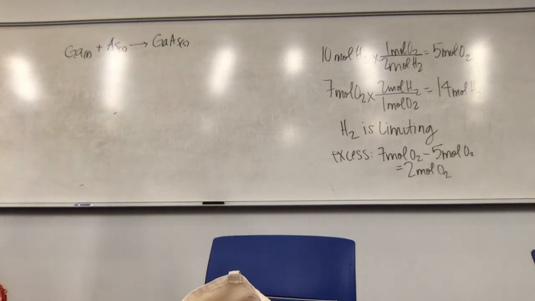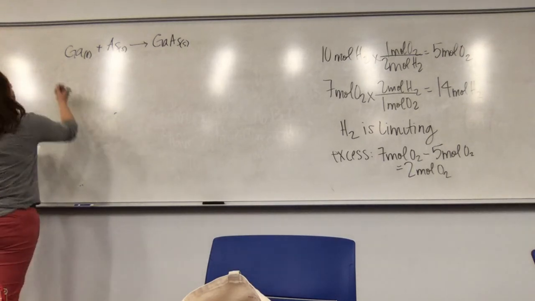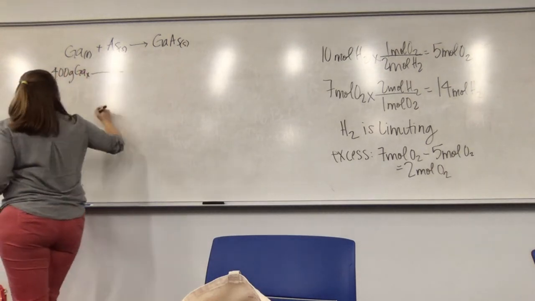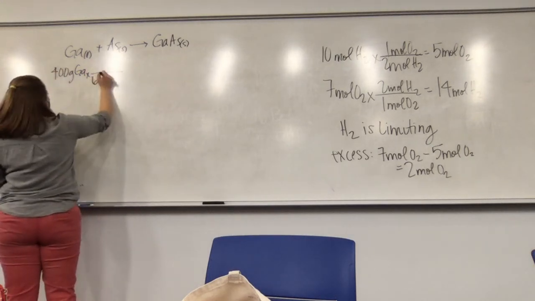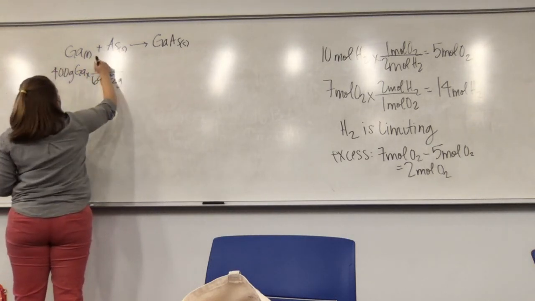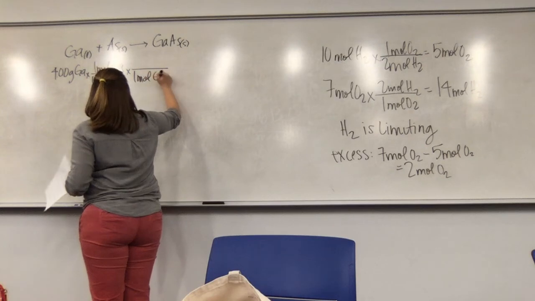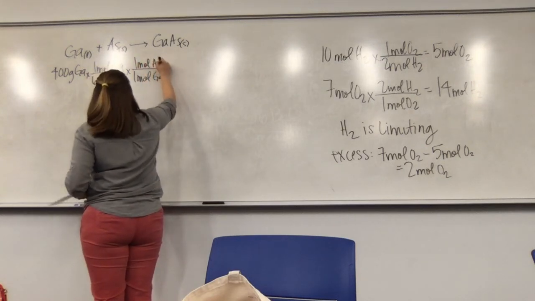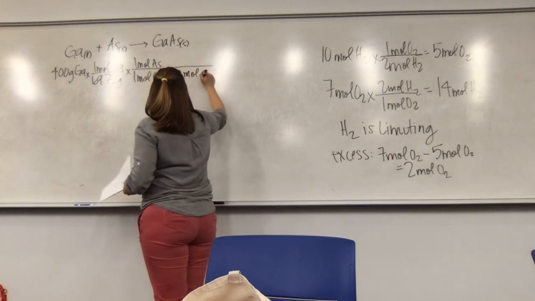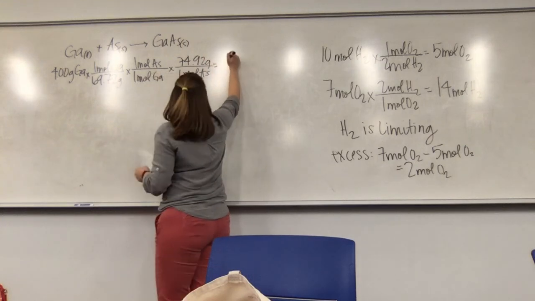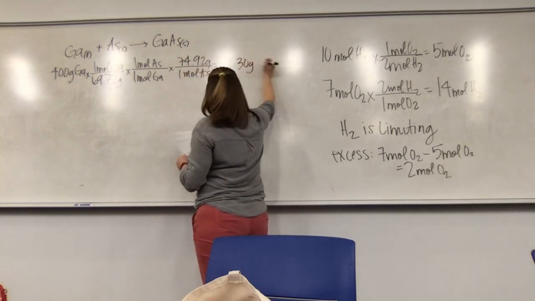More than likely on a mini exam or the final or anything else, you would just pick one and kind of cross your fingers. I'm going to show you both. So we're going to take our 4.00 grams of gallium and convert using the molecular weight of 69.72 grams per 1 mole of gallium. 1 mole of gallium gives you 1 mole of arsenic, and 1 mole of arsenic is 74.92 grams, and that equals 4.80 grams of arsenic.